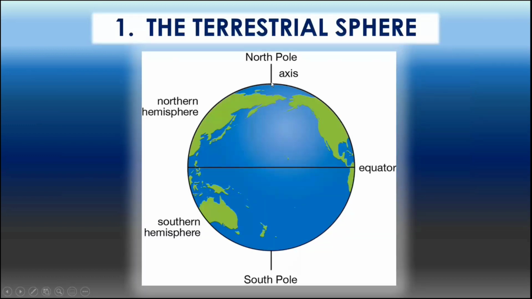Considering the Earth in this portion, we do have the South Pole, and then we are also aware that in between is the equator, and then we have the northern hemisphere, this portion above the equator, and then the southern hemisphere.